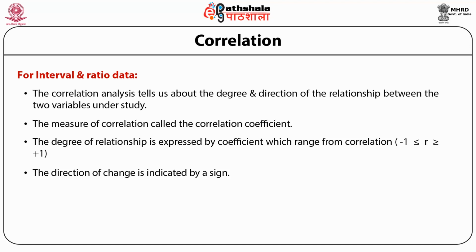Or I can say when variable x1 and variable x2 are both increasing, it means variations are taking place in the same direction. Or in the second instance, we can see when x1 is increasing and x2 is decreasing, here variations are taking place in the reverse direction. So when variations occur in the same direction, it signifies a positive relationship, and when variations are taking place in the reverse or opposite direction, it signifies a negative relationship.